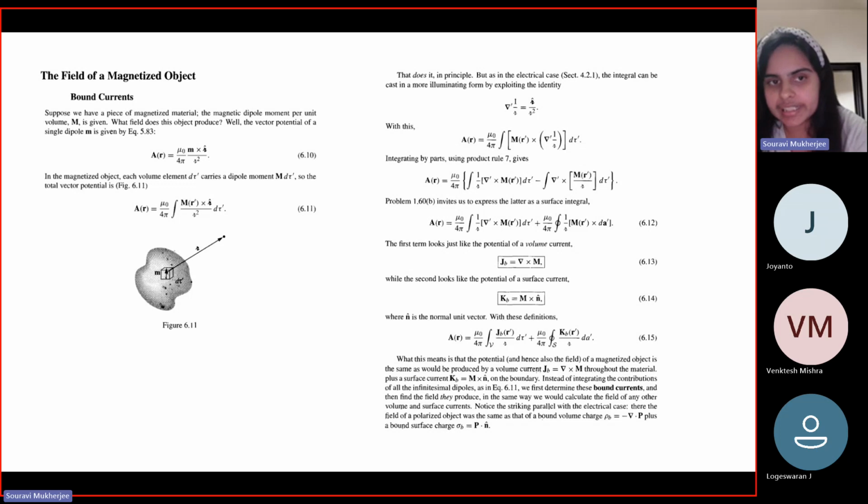Now when you apply an external magnetic field, this magnetic moment will experience some force, and it will try to orient and rearrange in such a way that is the most favorable condition of the material.